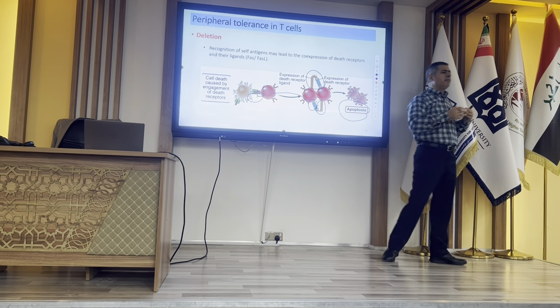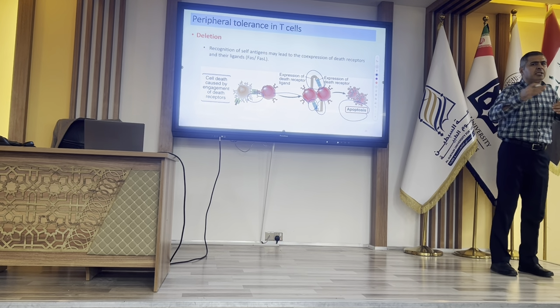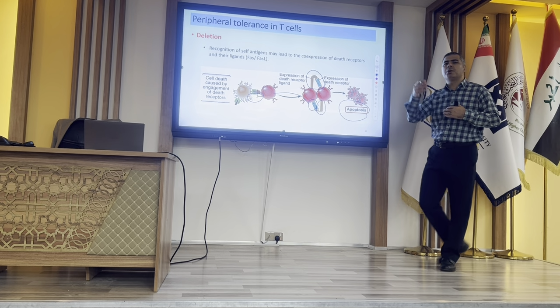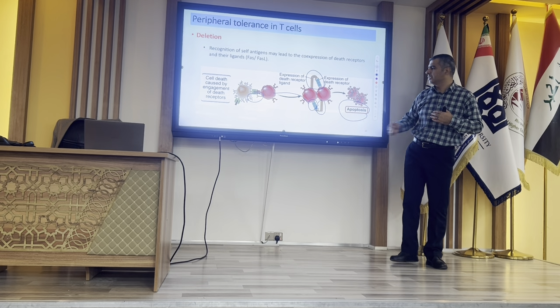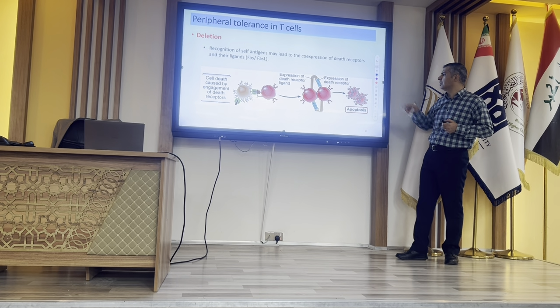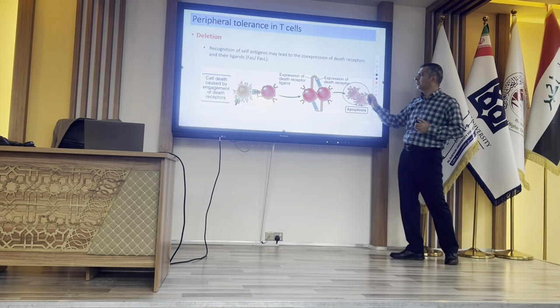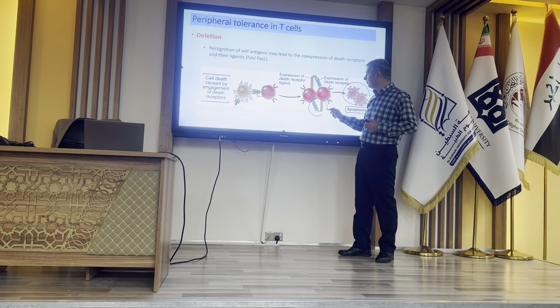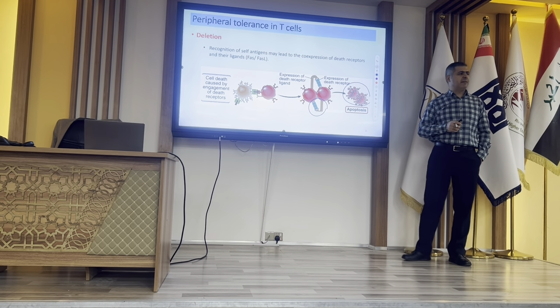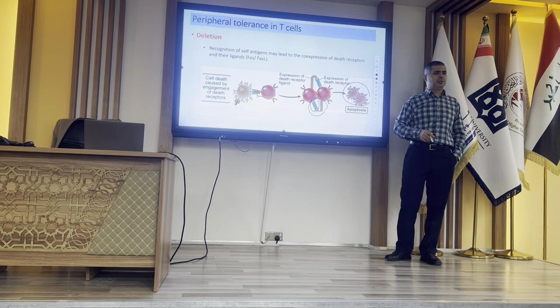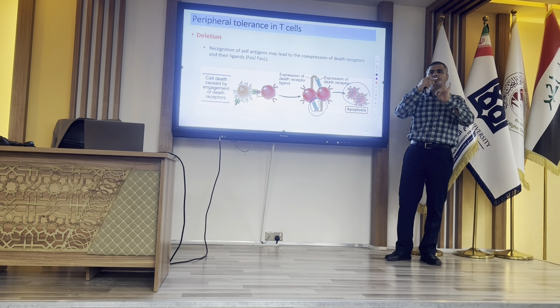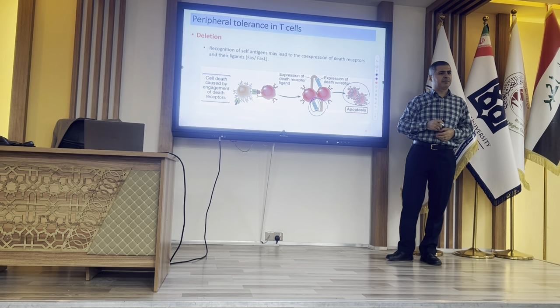And you know that our T cells are continuously exposed to self-antigens, and this continuous exposure to self-antigens induces Fas and Fas ligand expression on the T cell, and then we will have apoptosis. I told you that this Fas is a death receptor. We have death receptors, co-stimulators, inhibitory receptors, co-receptors, and they are different from each other.